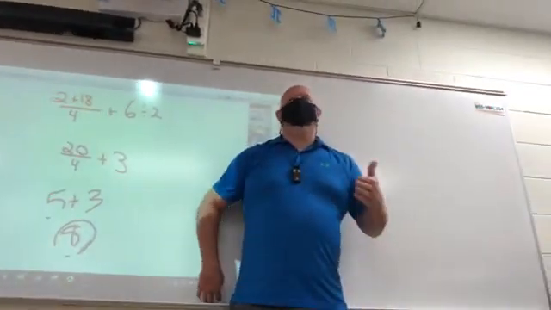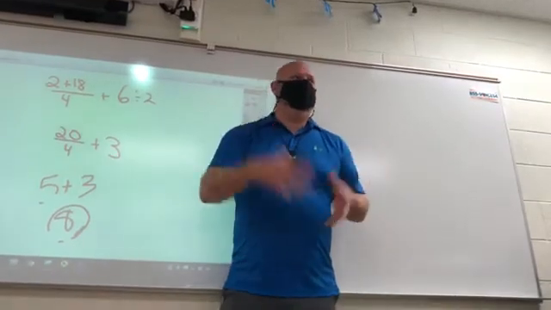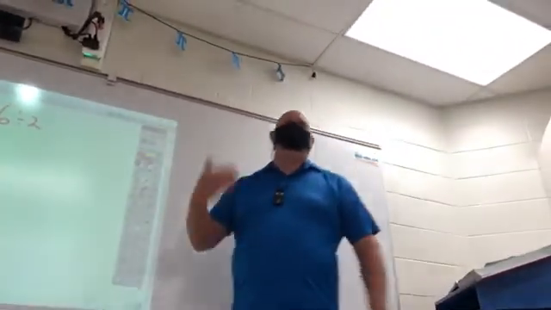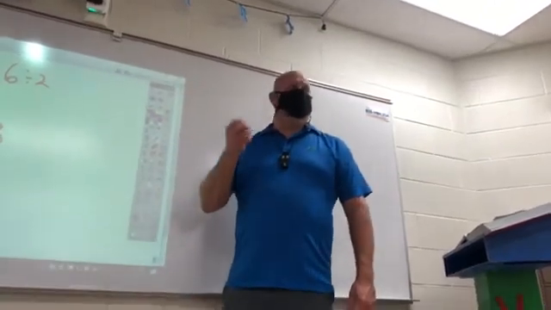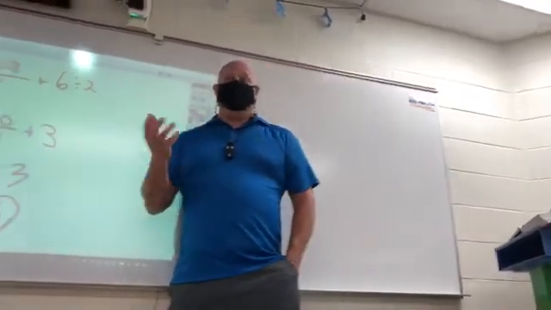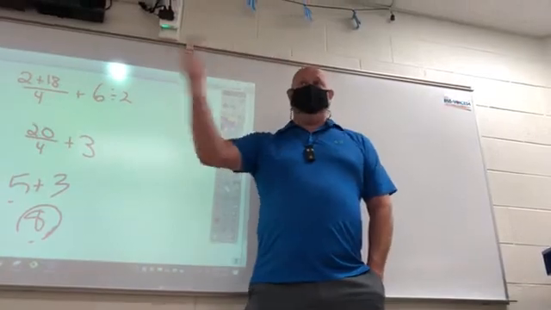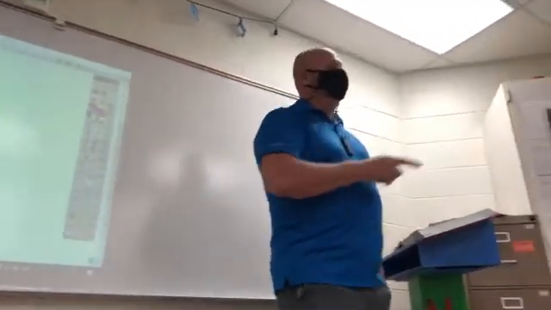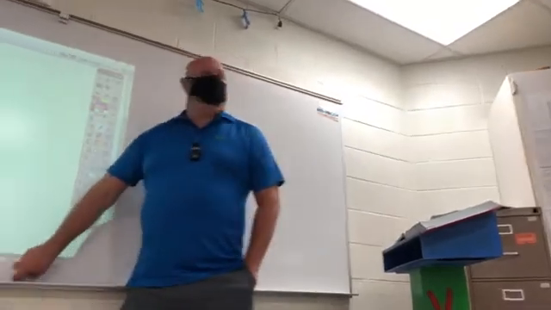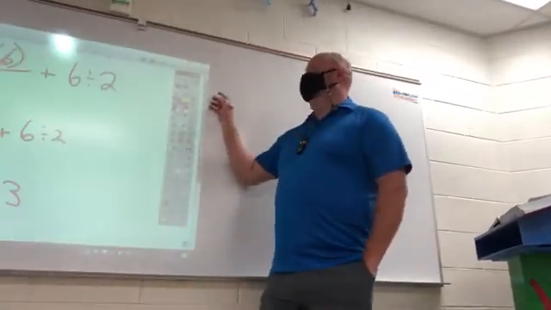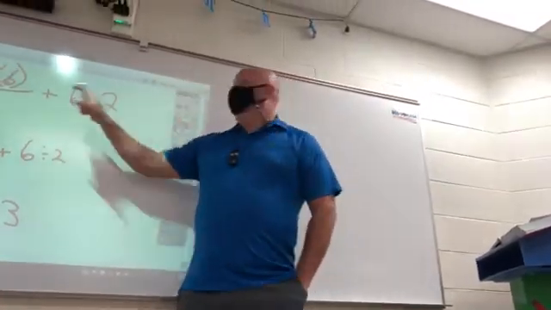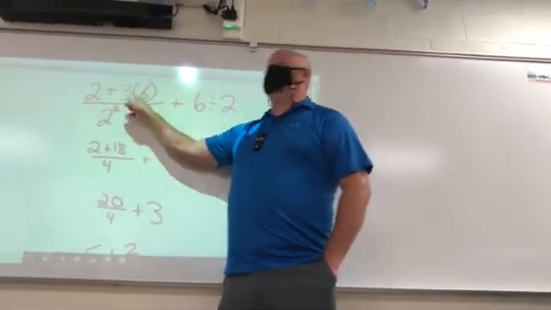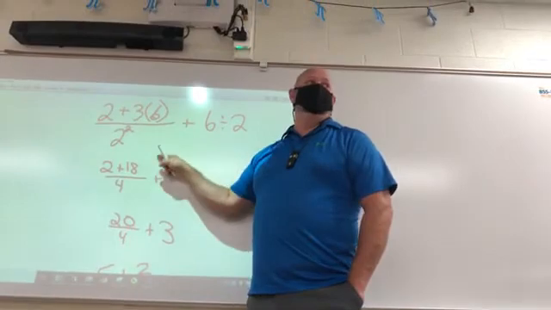So, here's my question to you guys. Those of you that got 10.5, 9.5, 9, whatever you got, where did we go wrong? Because you're not alone. There were a couple people that got the exact same answer. So let's talk about where we're going wrong. It was that first step, and we went 2 plus 3 is 5, 5 times 6 is 30.